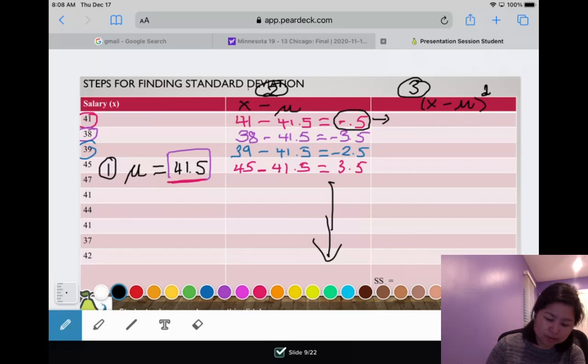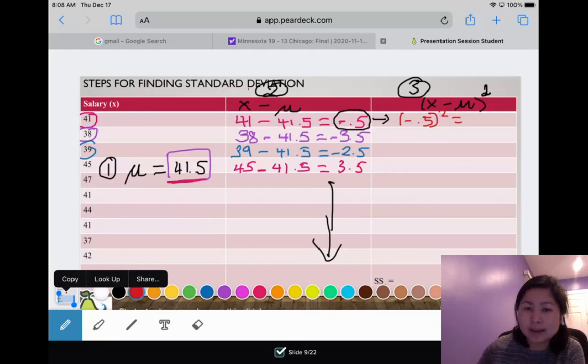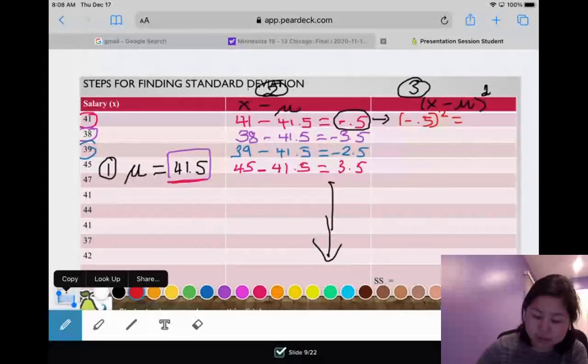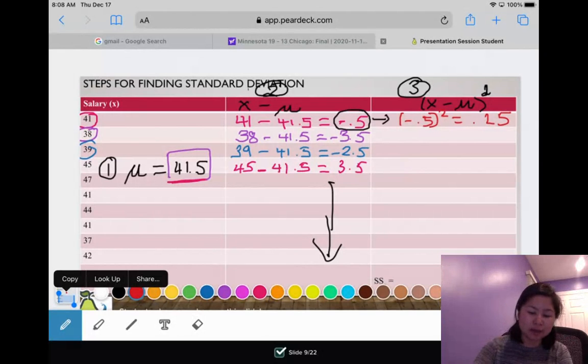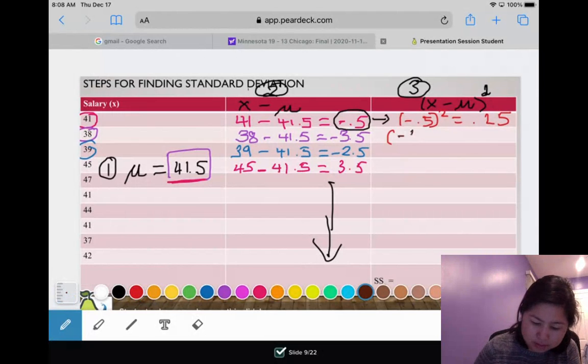Now be very careful when you do this. If you put it in your calculator, you should put this inside parentheses, then square. This should give you a positive value. Remember, a negative times a negative gives you a positive. So that gives you 0.25. You should not have negative on your third column. Same thing for the next one: negative 3.5 squared gives you 12.25.